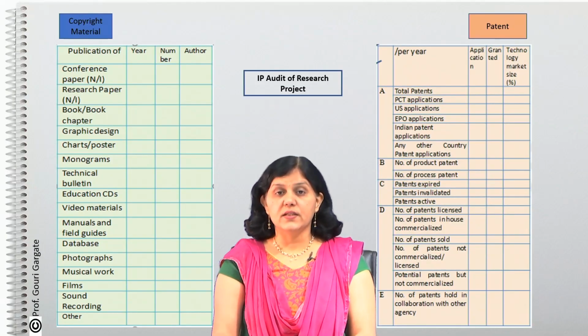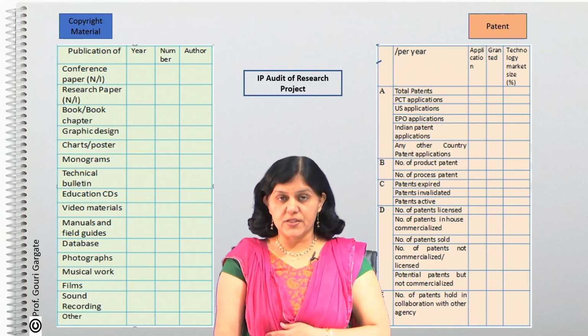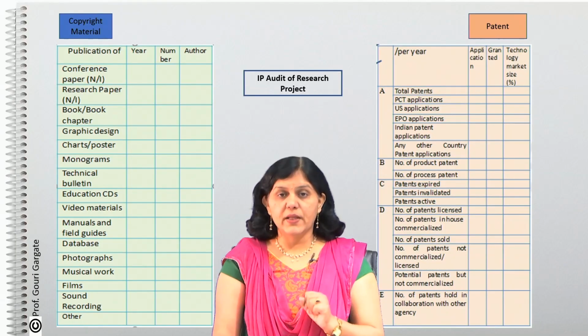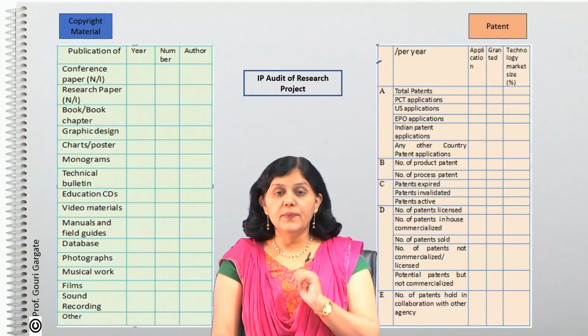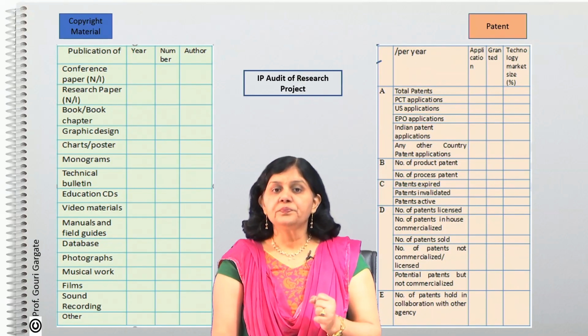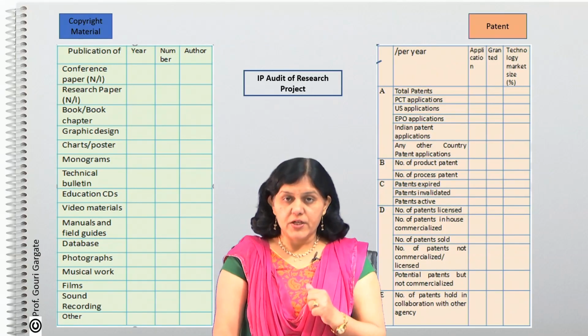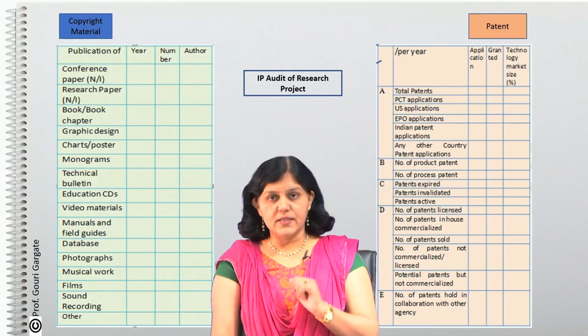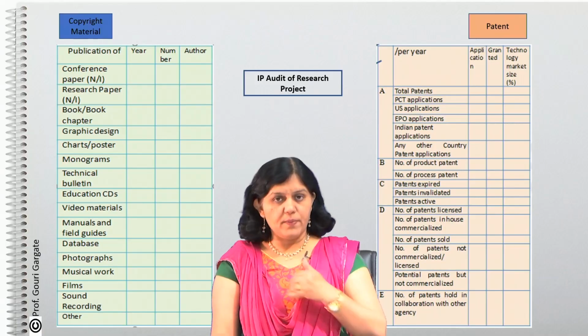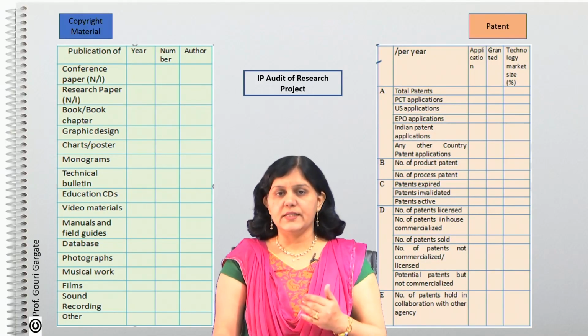Then how many PCT applications are there, that is Patent Cooperation Treaty applications. How many US applications, how many EPO applications, that is anything applied in Europe, how many Indian patent applications, then any other countries in which you have filed the patent. List all those countries and how many patents you have filed in them.